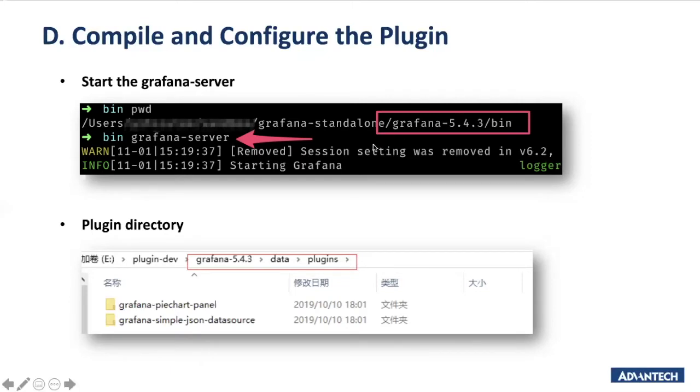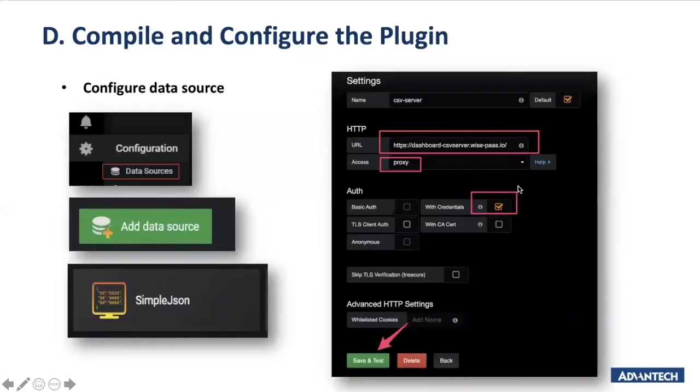So you need to go into the binary folder and then run the Grafana server to start a server. Okay, and also the plugin directory is gonna be inside this data directory. And this is how you set up the data source, which I'm gonna show you in a minute.